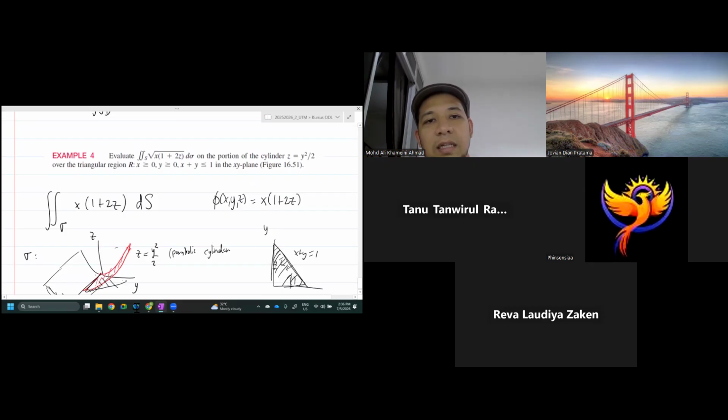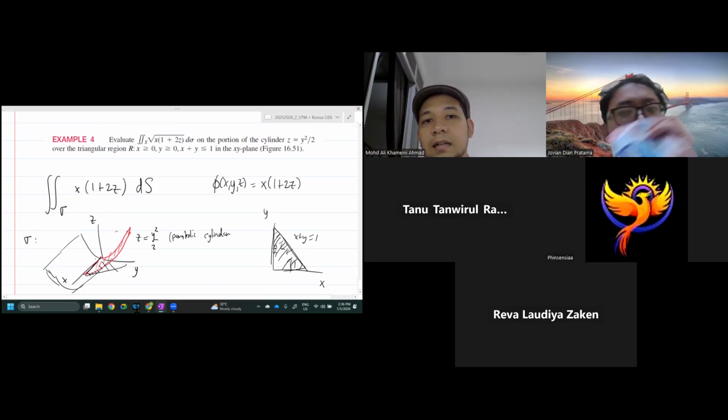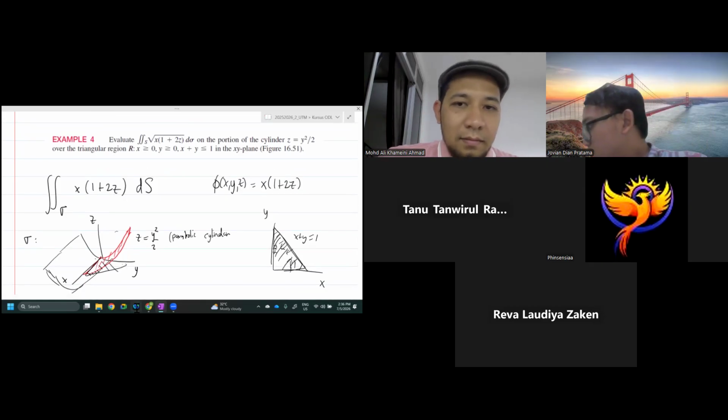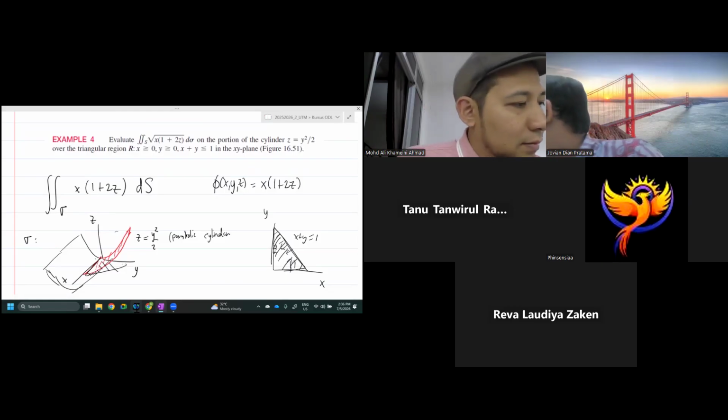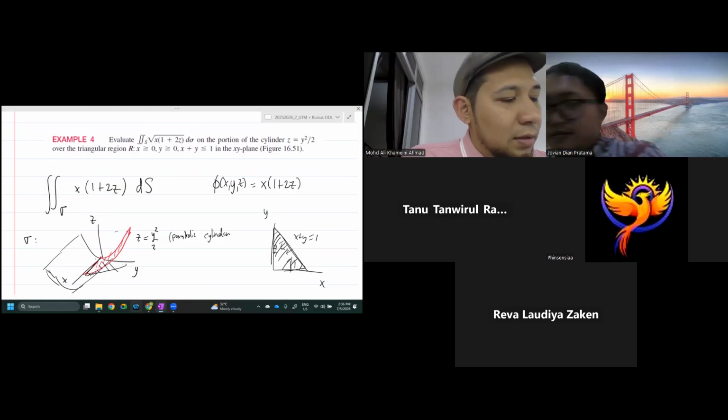And then we want to integrate this function over this surface. So what is the form of the surface?